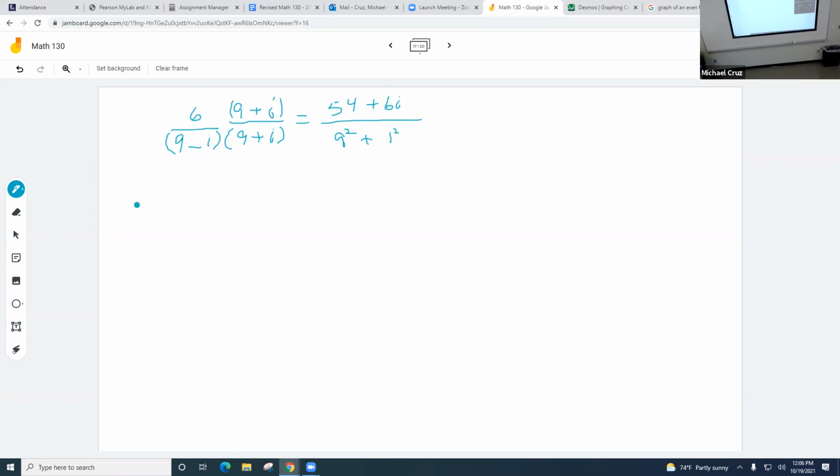And if you don't believe it, just pull it out. So that's 81, that's the 9 squared, plus 9i minus 9i. See, those are going to go away. And then i times i is i squared.